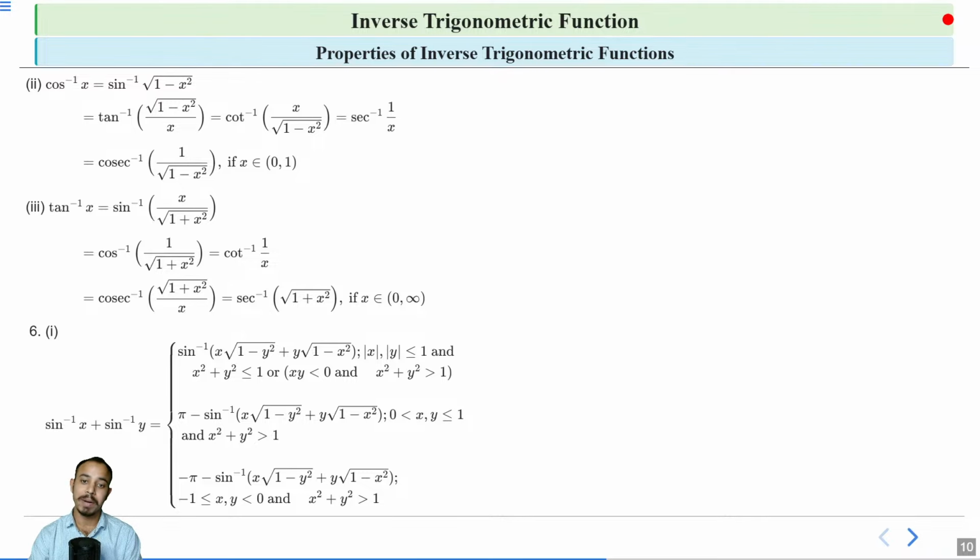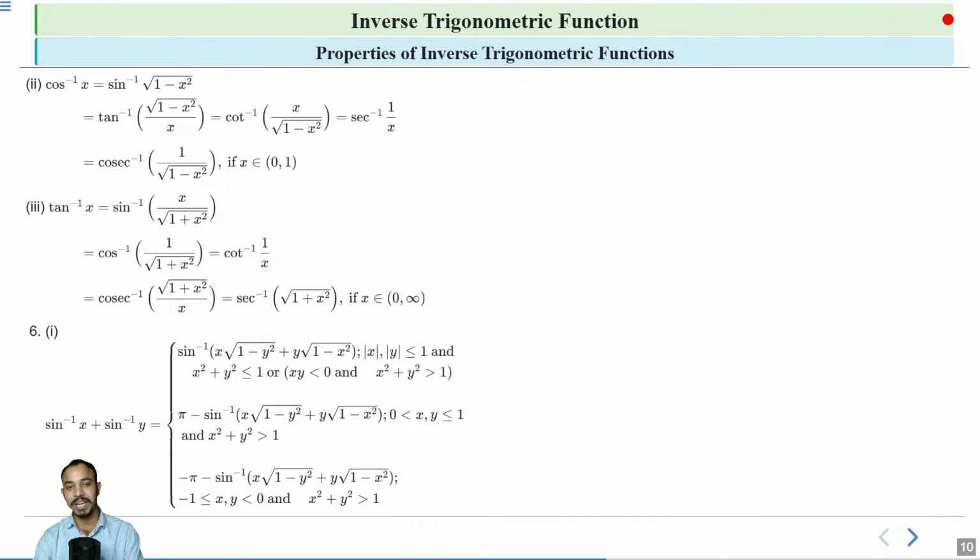But if you have 0 less than or equal to x, y less than or equal to 1 and x square plus y square is greater than 1, then you can write sine inverse x plus sine inverse y equal to pi minus sine inverse of x times square root of 1 minus y square plus y times square root of 1 minus x square.